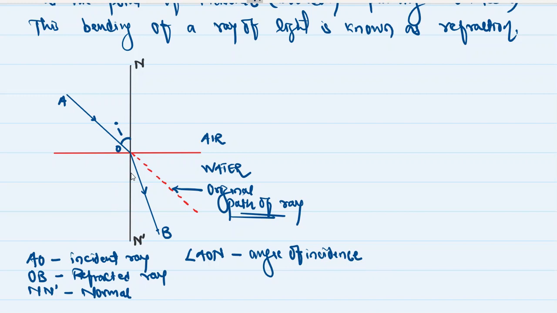What is angle BON dash equal to? BON dash is the angle of refraction. Angle of refraction is also given a symbol R. So these are the terminologies which we see.